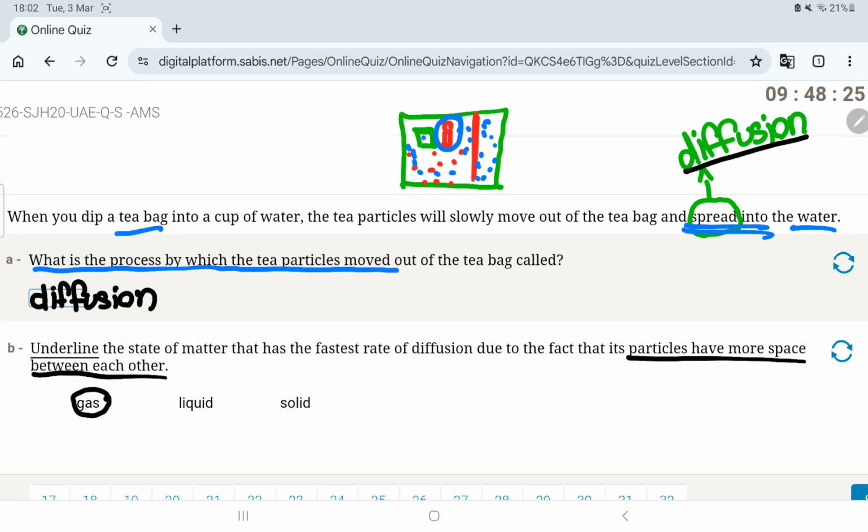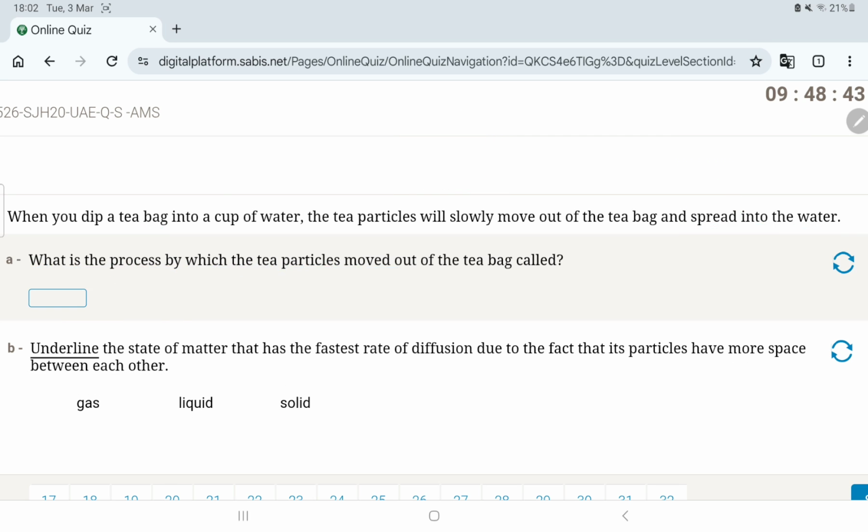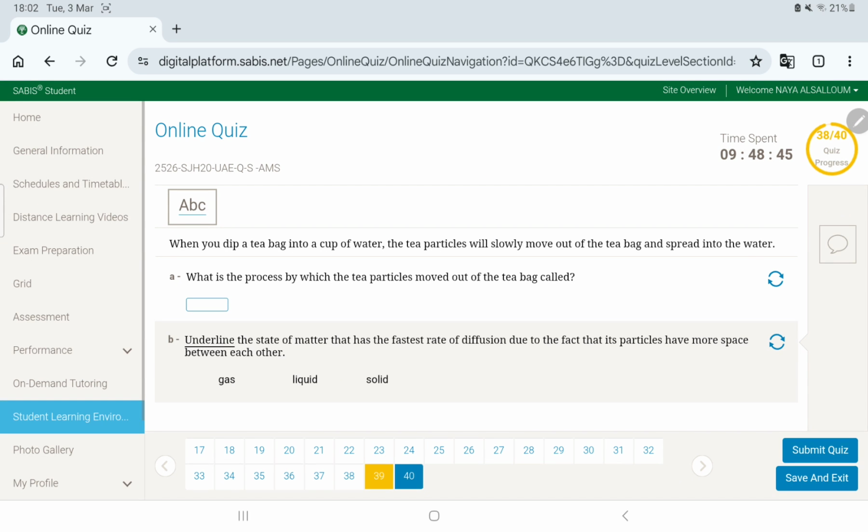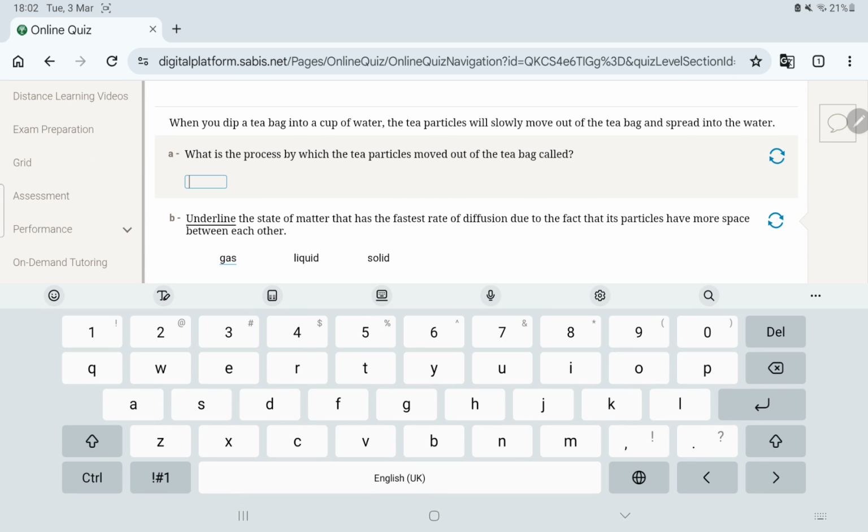Because if you sprayed gas across the room, it's going to spread the fastest. It will directly occupy the volume of the room. Liquid, it will, but it's just going to take less time. So no, it's not the fastest. And solids, they don't spread because they have a fixed shape and fixed volume. So the answer here is gas. And the process is diffusion.